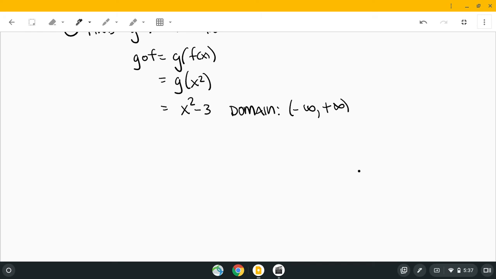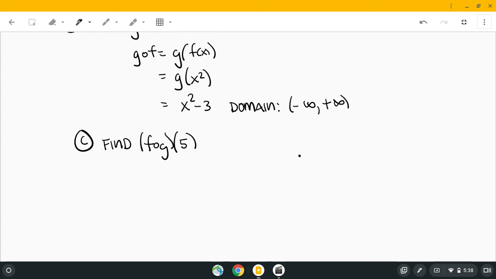Okay. Letter C. Let's go ahead and find f circle g of 5. So this is an evaluation kind of problem. So this is taking your composition function f circle g and then evaluating it at 5.